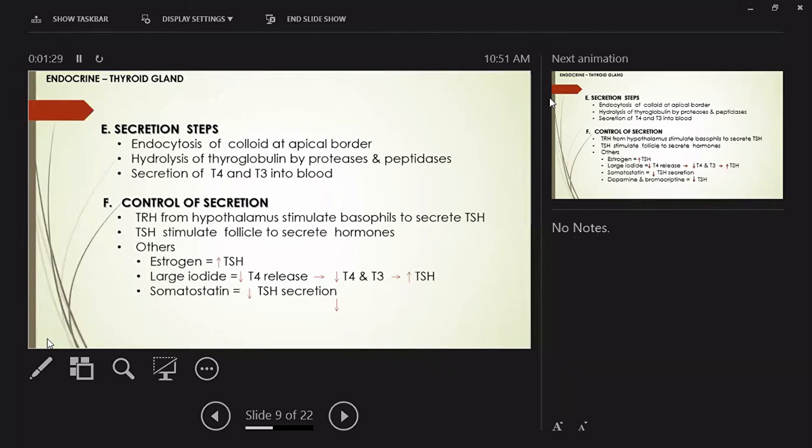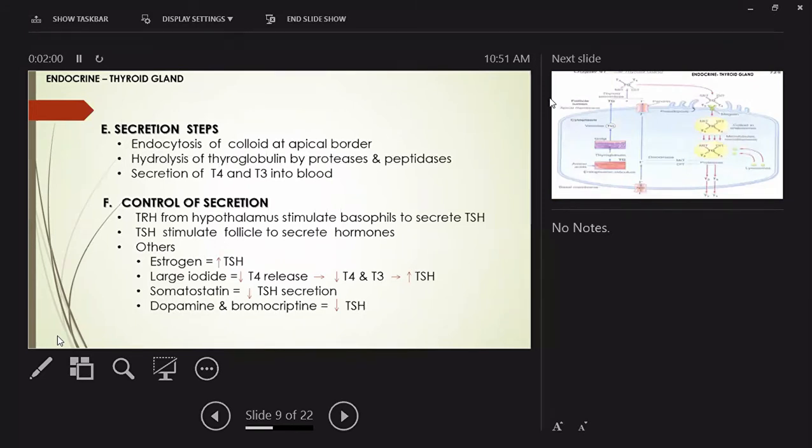Somatostatin decreases TSH secretion. Large iodide decreases T4 release, thus decreasing T4 and T3, so increasing TSH. Do you get that? Dopamine and bromocriptine also decrease TSH secretion.